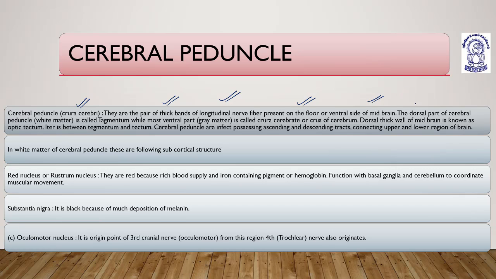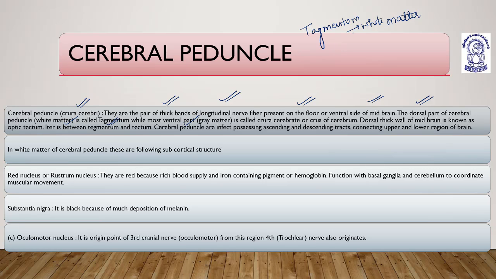The dorsal part of the cerebral peduncle is called tegmentum. The tegmentum is white matter, while the most ventral part is gray matter.